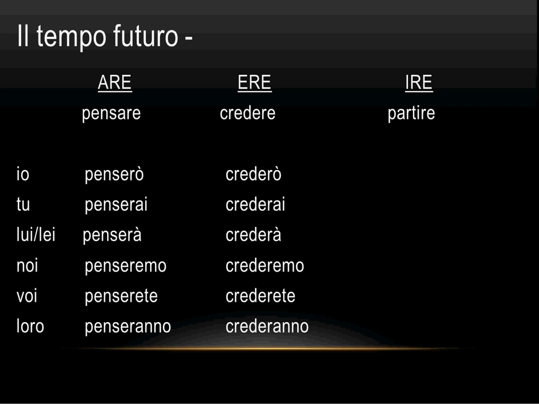For ERE, we're going to look at the verb credere, which is to believe. And we have io crederò, tu crederai, lui, lei crederà, noi crederemo, voi crederete, and loro crederanno.